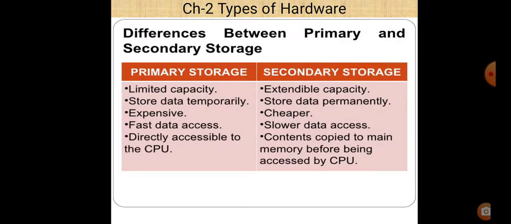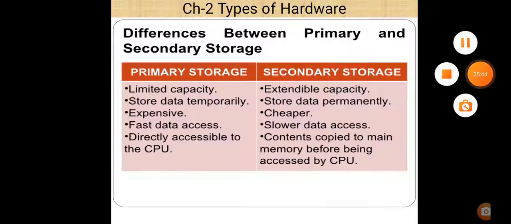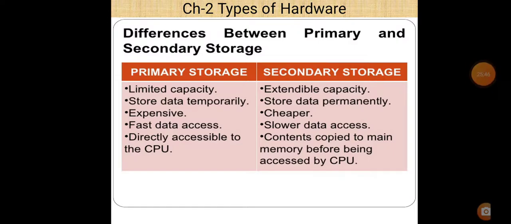Now, what is the difference between primary and secondary storage? That is a very important question. The main difference is primary storage is a volatile memory, while secondary storage is a non-volatile memory. Primary storage has limited capacity, while secondary storage has extendable capacity.